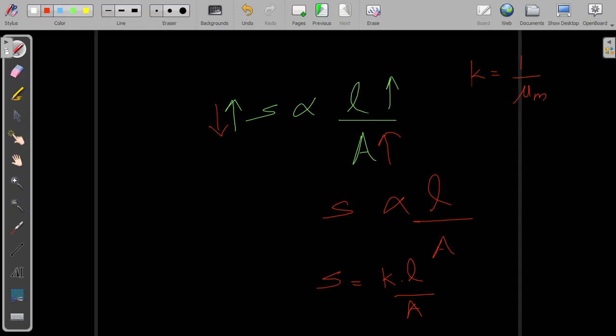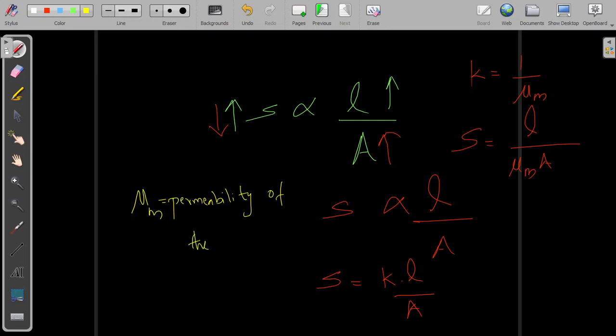That means S is equal to L divided by mu M, where mu M is the permeability of the medium through which flux phi is flowing.